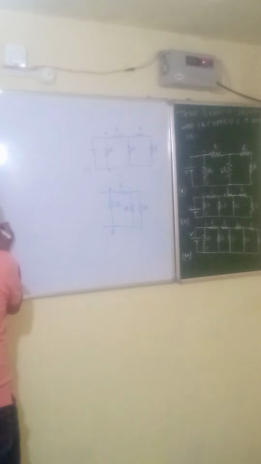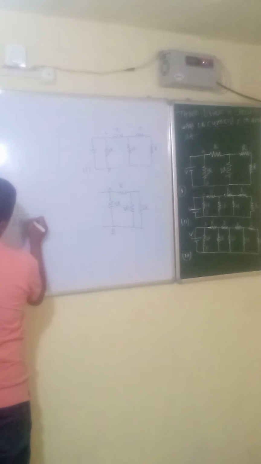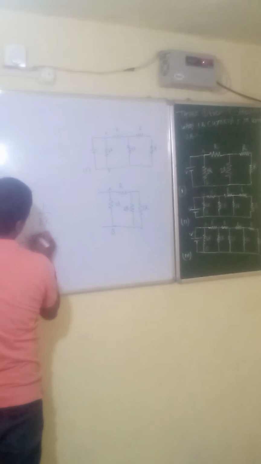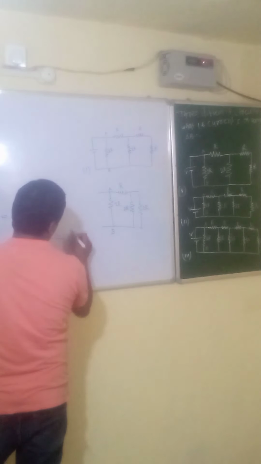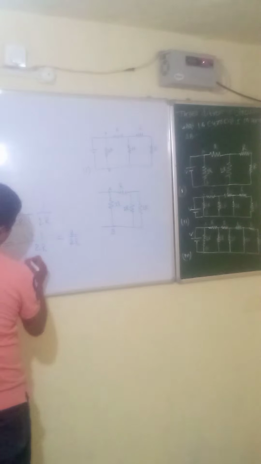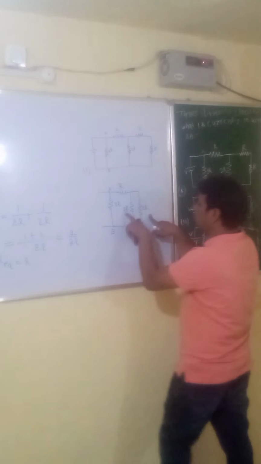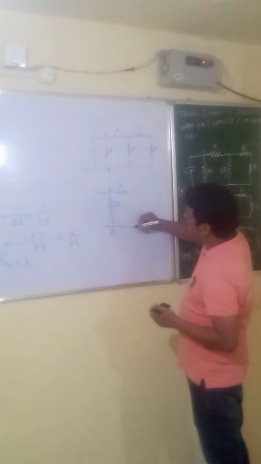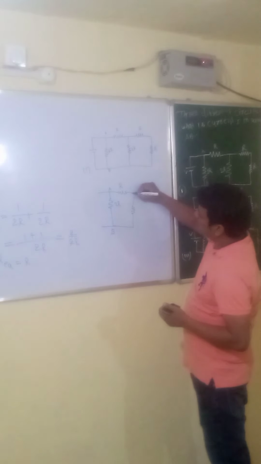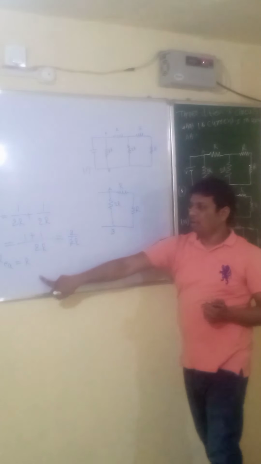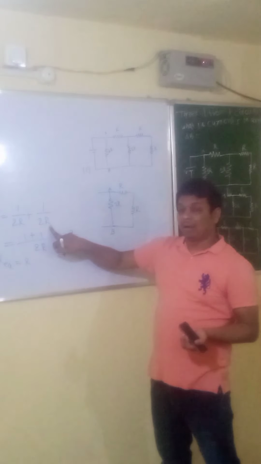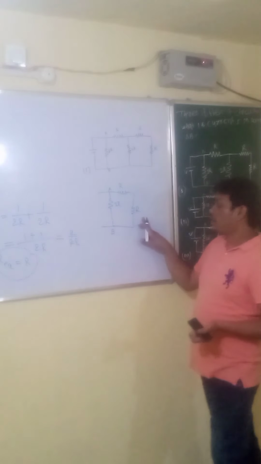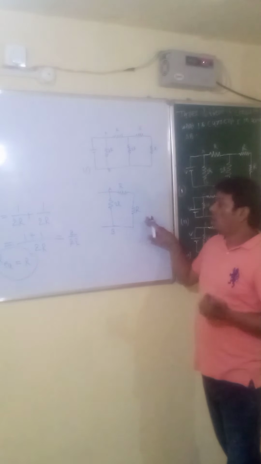Then what is the equivalent resistance? 1 by 2R plus 1 by 2R, that is 1 plus 1 over 2R, equal to 2 by 2R, so R equivalent is equal to R. After combining two resistances 2R and 2R in parallel, we can replace them by a single resistance R. So we can write R at the position of 2R and 2R.